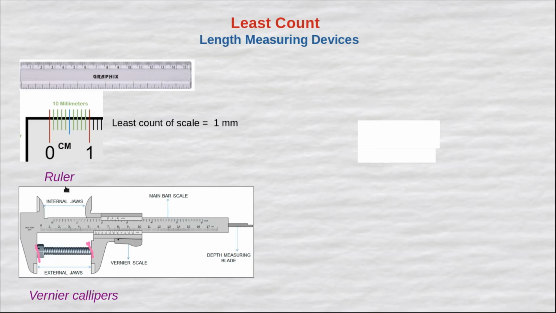For the internal jaw, if you have a cylinder, this is the center of that cylinder, this is the thickness of the cylinder boundary, this is the internal diameter, and this is called the external diameter.